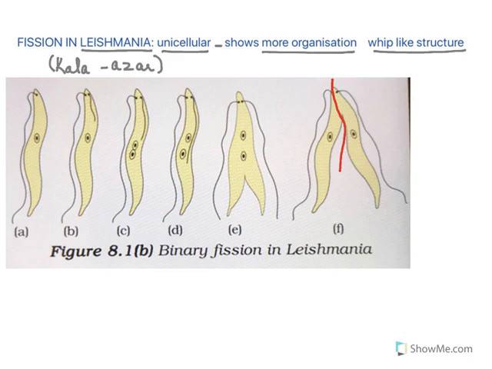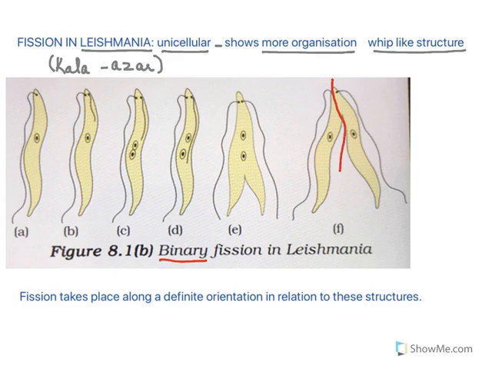But here too it is called binary because one Leishmania breaks up into two. So the fission in Leishmania takes place along a definite orientation in relation to these structures. Unlike amoeba, where the fission took place along any plane, in Leishmania it takes place along a definite plane.